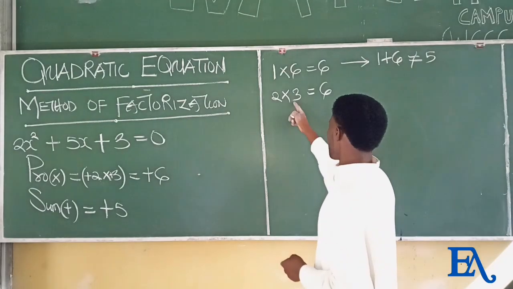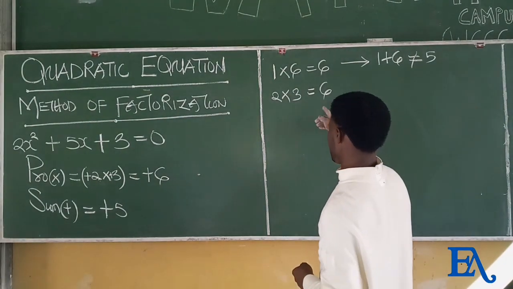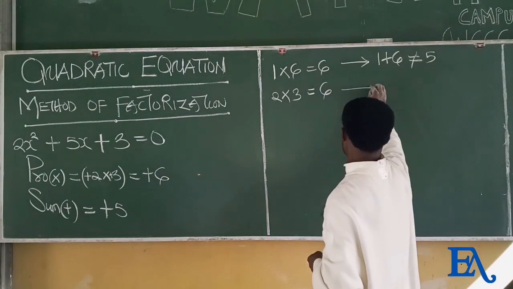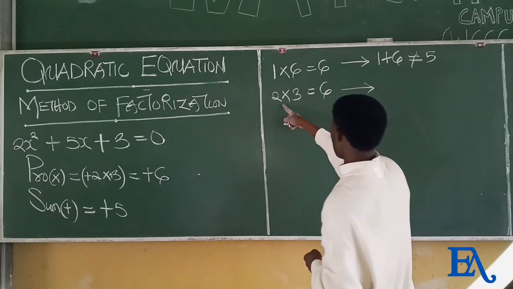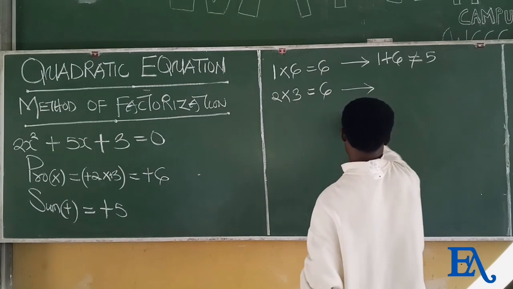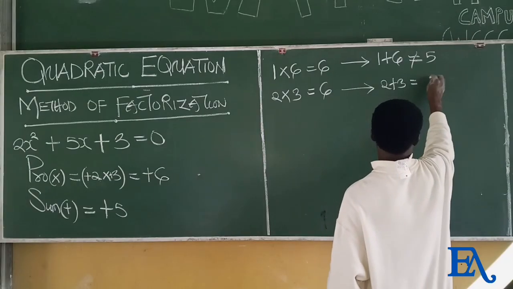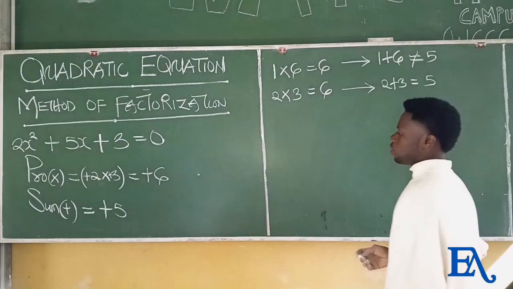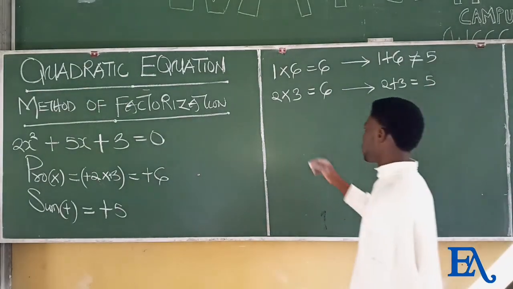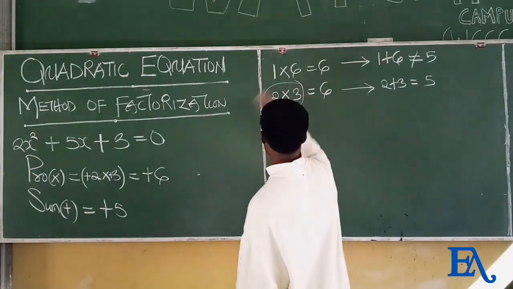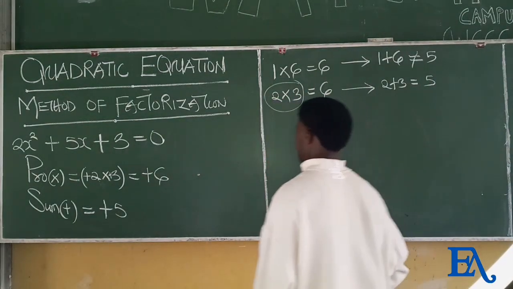Again, 2 times 3 is 6, which is plus 6. Then 2 plus 3 equals 5. Therefore, the right numbers or factors are 2 and 3.